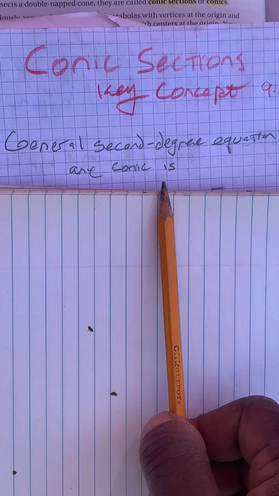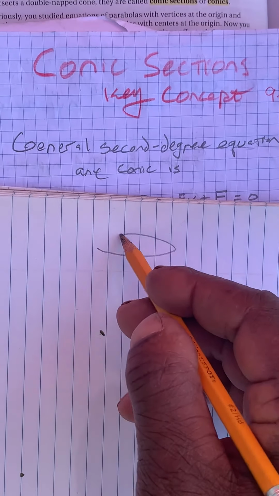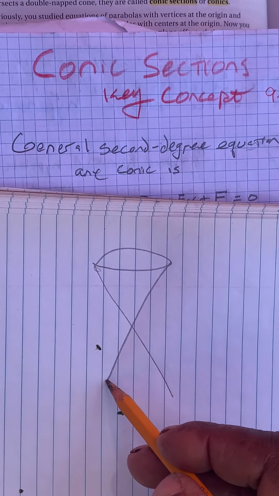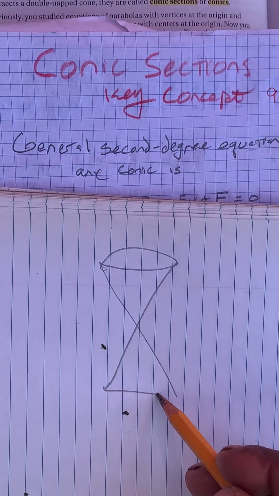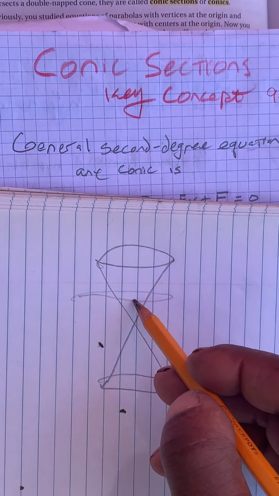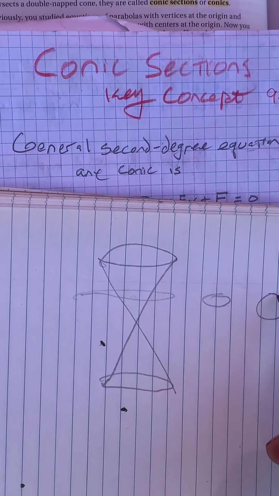of any conic section. Remember, conic sections are the intersection of a plane through a double napped cone. So if it comes straight across, the intersection would be a circle.